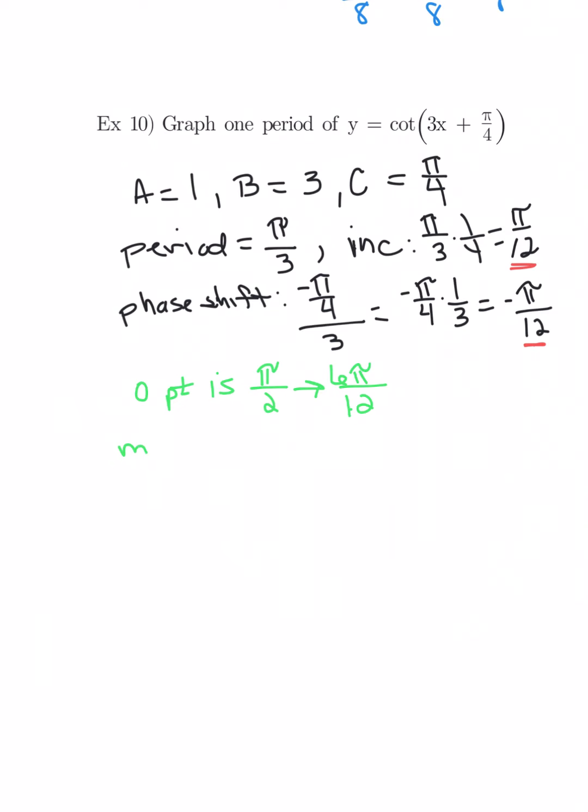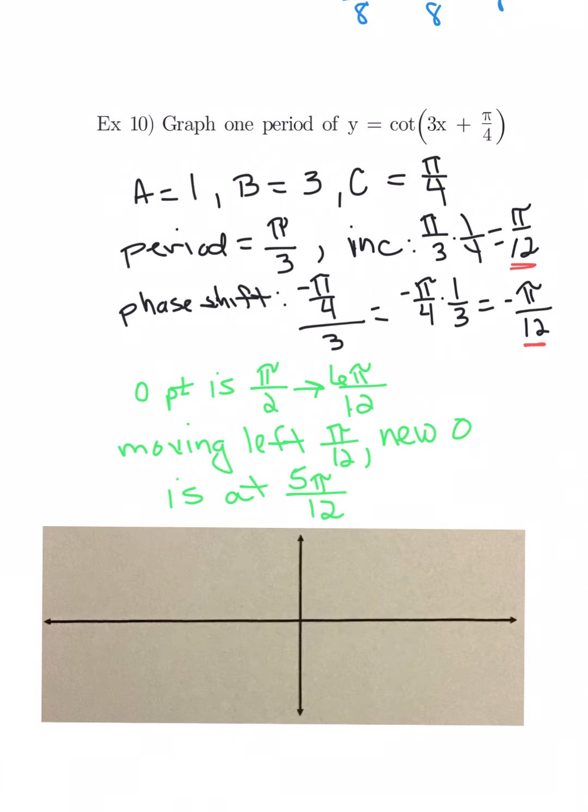So by moving left pi over 12, our new 0 is at 5 pi over 12. So my 0 value is at 5 pi over 12.